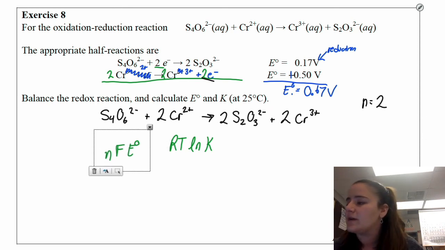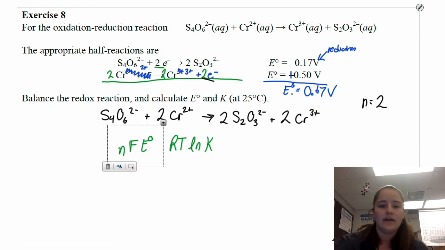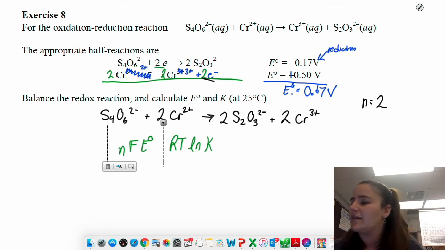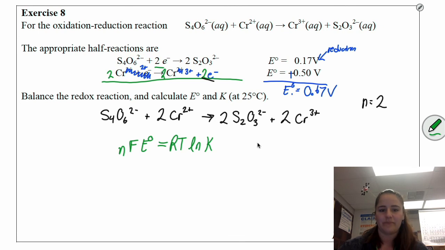Okay, so now those two things are equal to each other, and we can just start plugging things in.